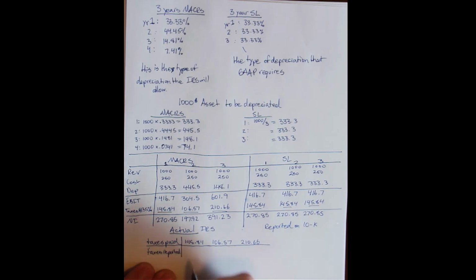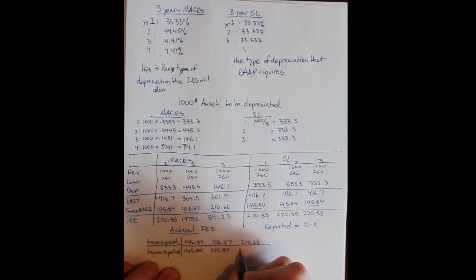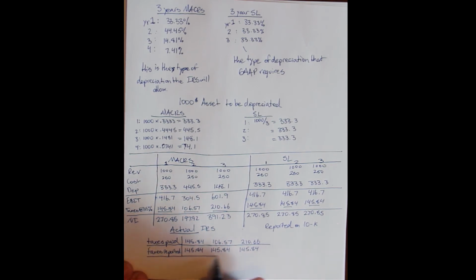Now the taxes that we report are straight line taxes, so those are $145.84 in every year. And that creates a difference for us.